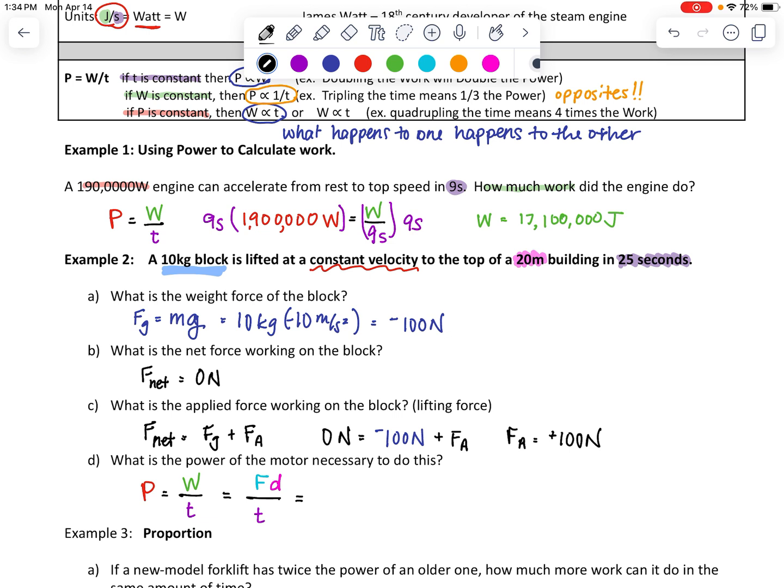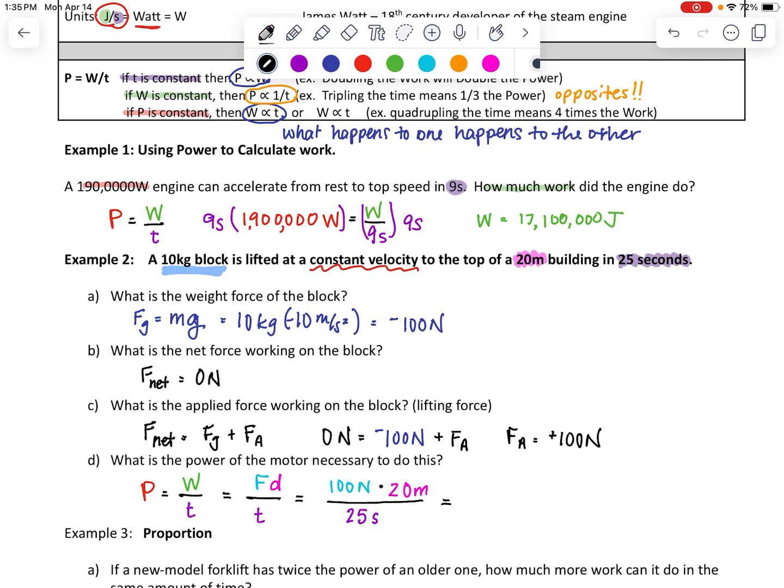So now I have my force. My force is this 100 newtons, and I'm going to multiply that by my distance of 20 meters, and then divide that by my time of 25 seconds.